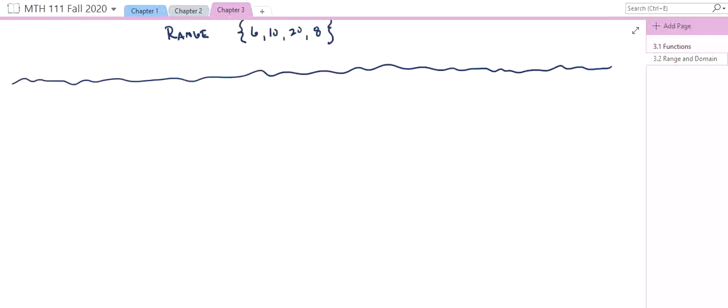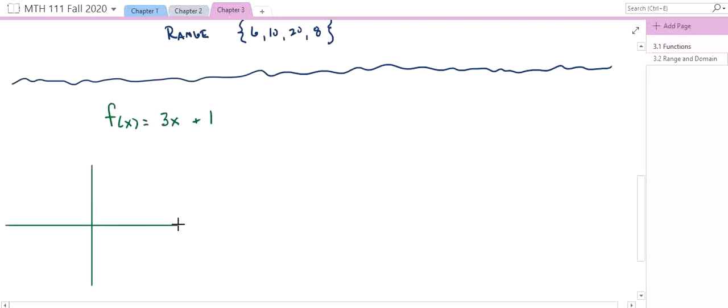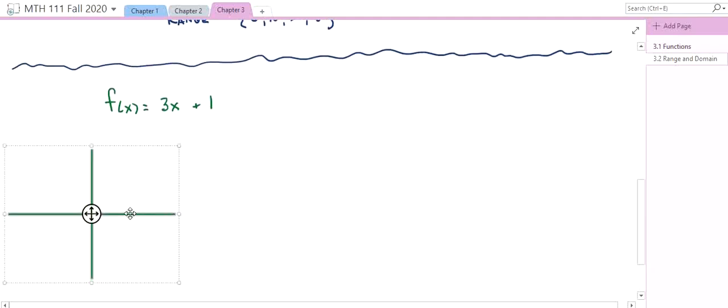Well, we can do the same thing with equations. So this equation is a function. 3x plus 1. It's an equation of a line. So this looks something like this. Let's change the color of that.